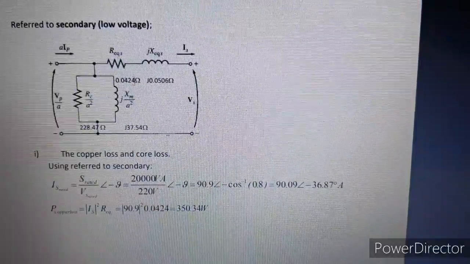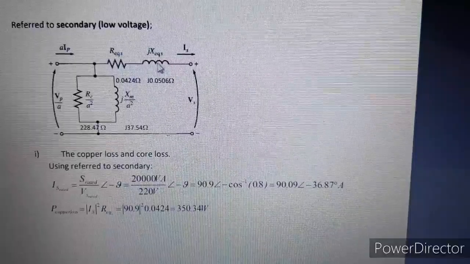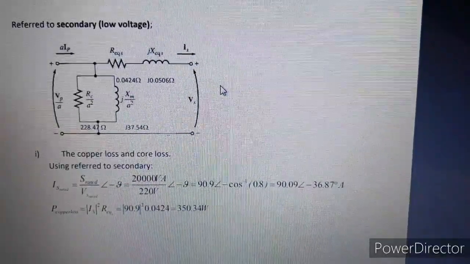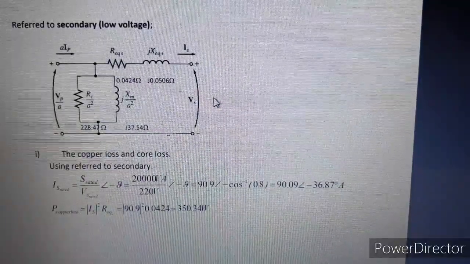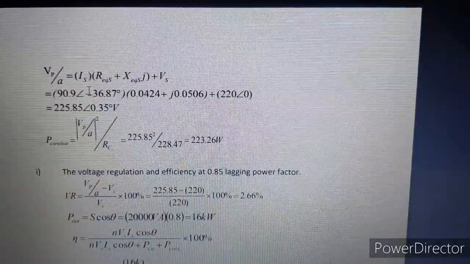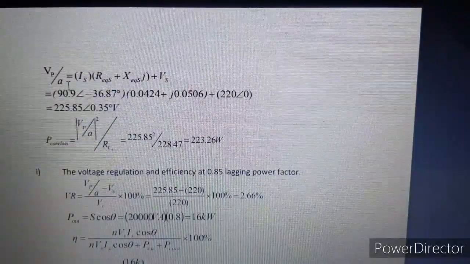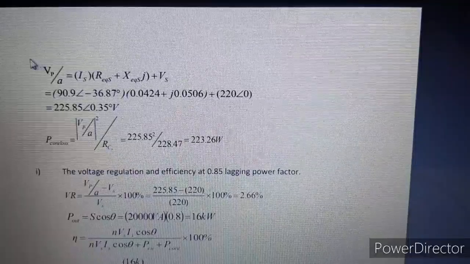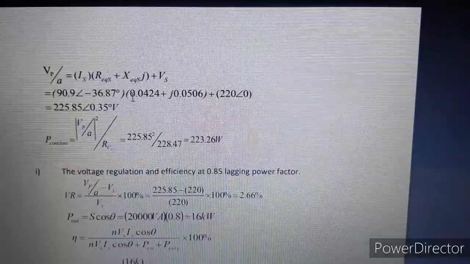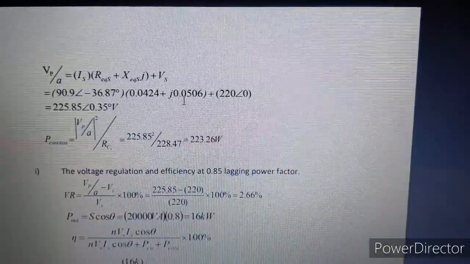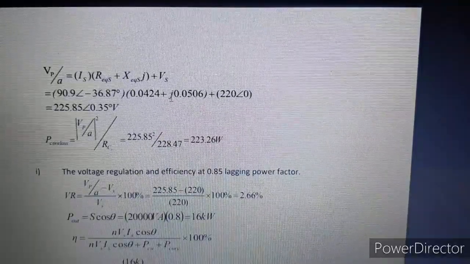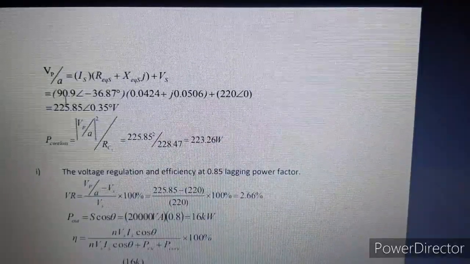So VP over A equals IS times R equivalent S plus JX equivalent S, plus VS. Calculate IS from the previous question. Why do we now need to insert the angle of current? Because you are calculating voltage. Voltage consists of magnitude and angle, so we cannot simply ignore the angle. R equivalent S, X equivalent S from the circuit, VS from the question. There you go, that is your VP over A.